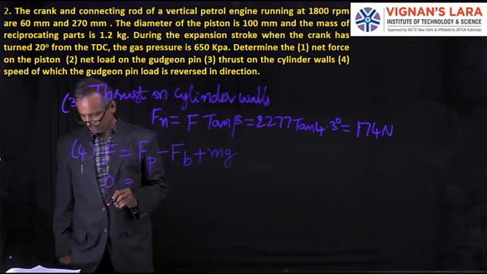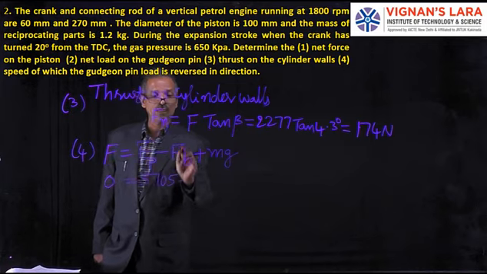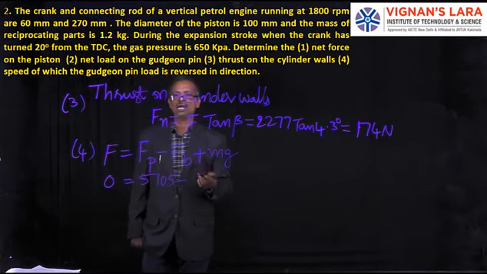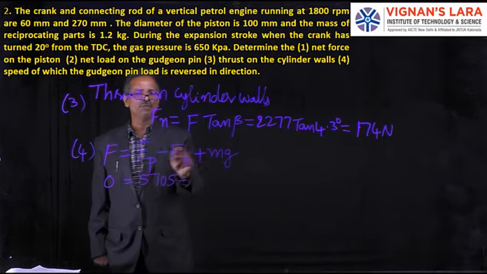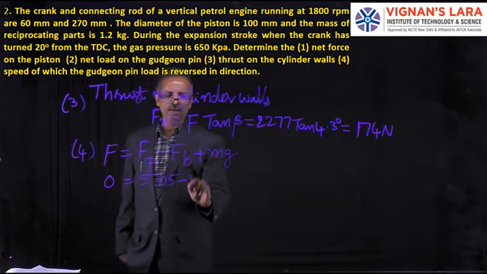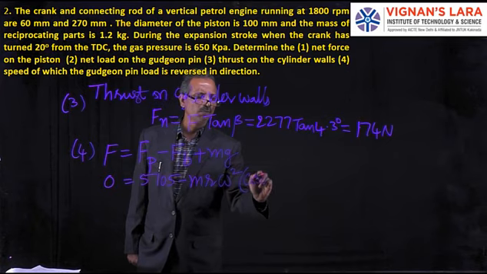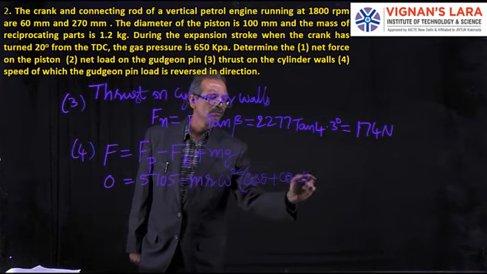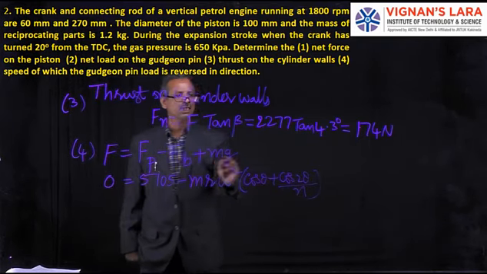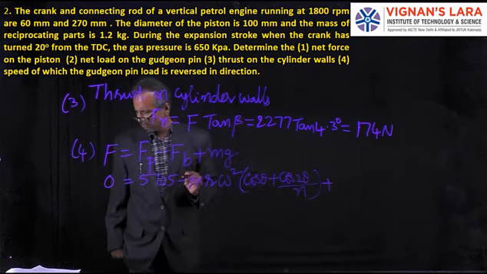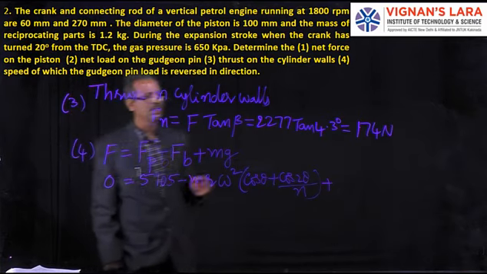Then Fp, we know the value of Fp, which is already calculated as 5105, but don't substitute the Fb value because our intention is to find out at what speed. The speed term is there in Fb, which is m r omega square times cos theta plus cos 2 theta by n. And mg, m is 1.2 and g is 9.81.